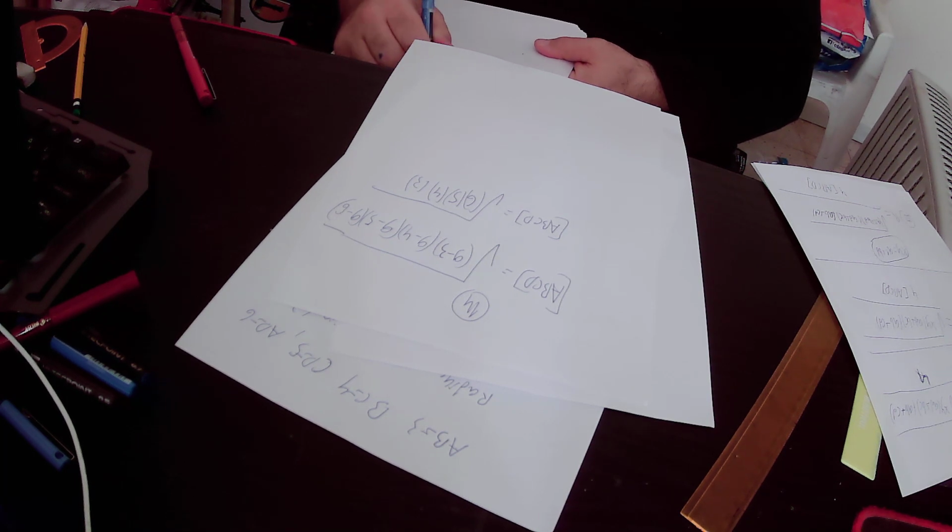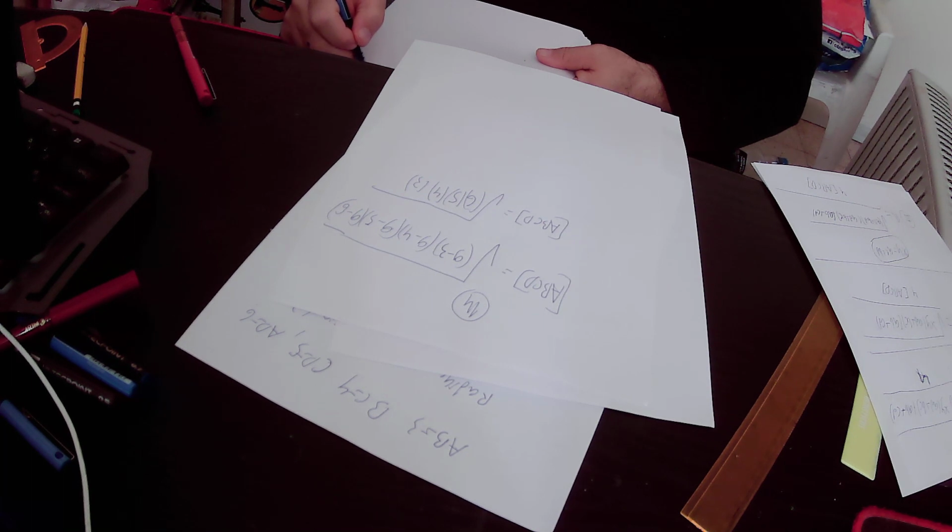So in total we will get that the radius of the circle equals the root of AC plus BD, times AD plus BC, times AB plus CD, and inside the root also we have 360, and outside the root we have 1 over 4.